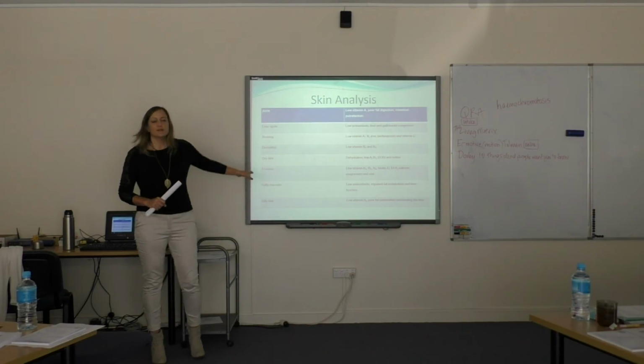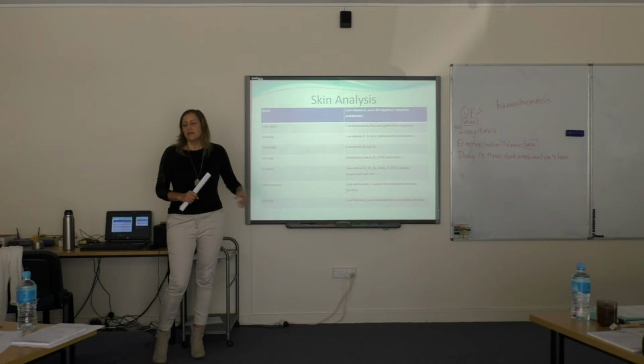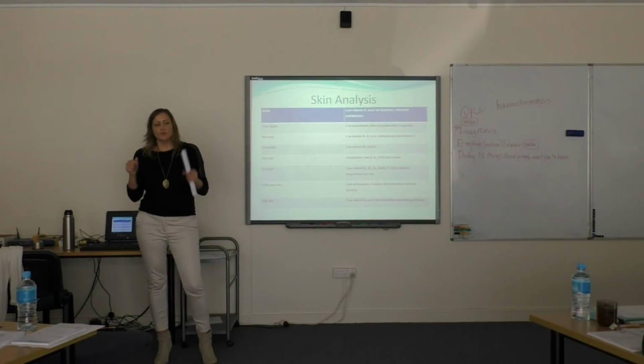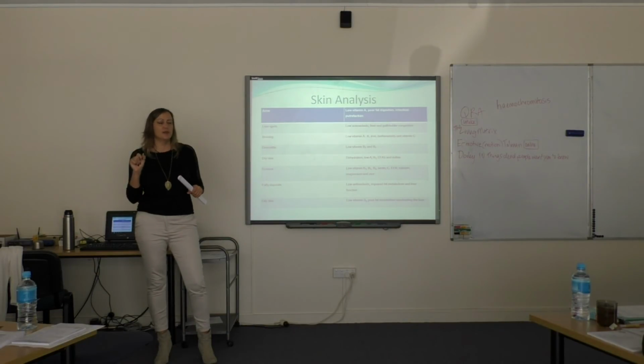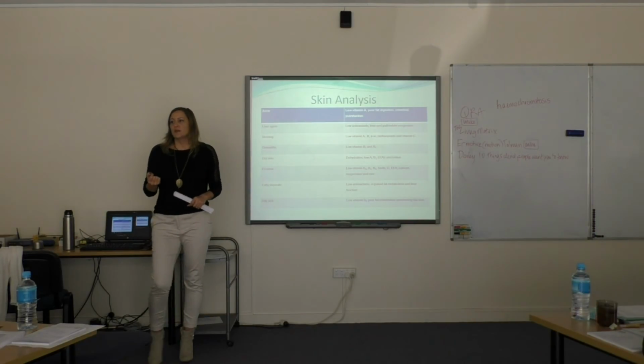Fatty deposits, so you might also want to write, these are called milia, M-I-L-I-A, and they just look like a whitehead, and then when you try to pop them, nothing comes out, and if you try to get them out, you'll note that they have a little nerve attached to them, okay? So some beauticians will take them out with a small scalpel, and they're basically just a fatty deposit.